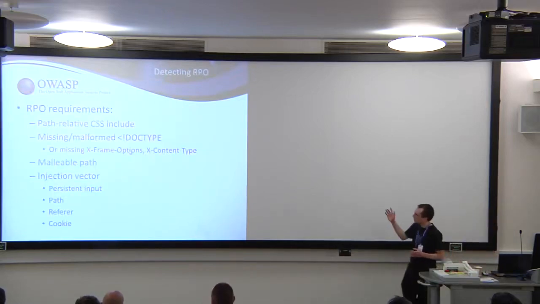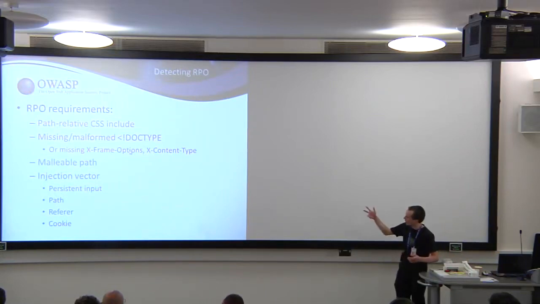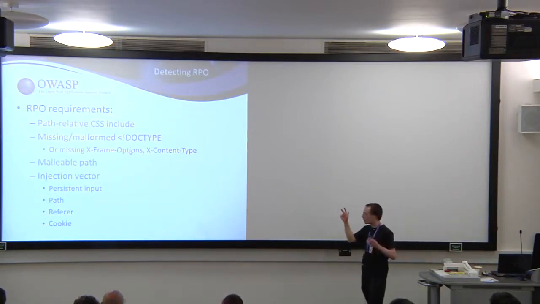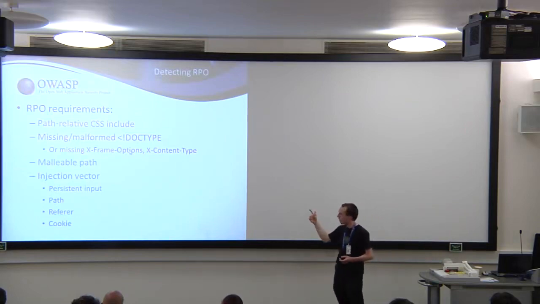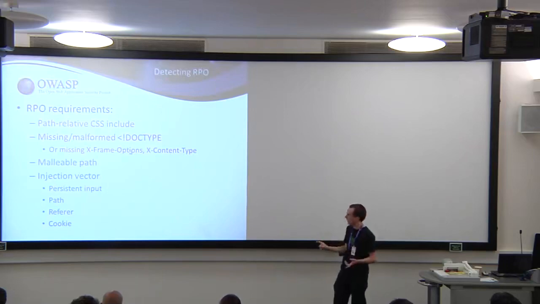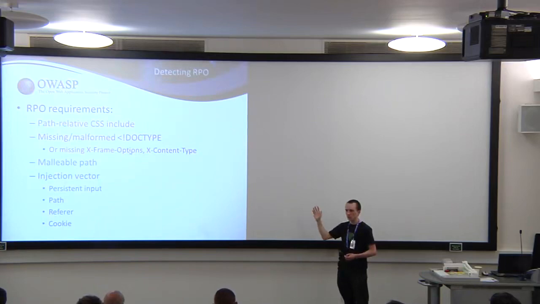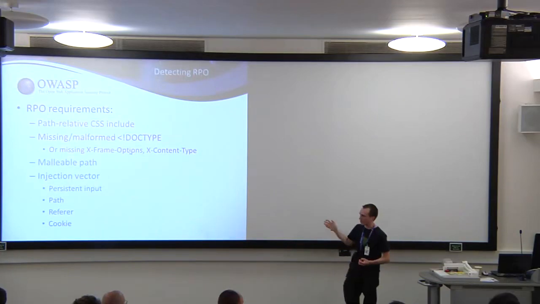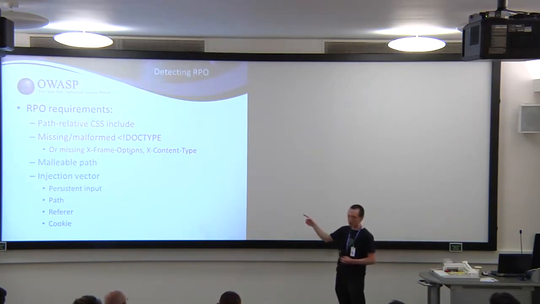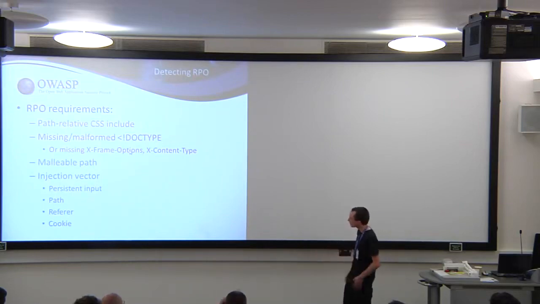So I've just covered three of these requirements. You need the right kind of server, and you need some kind of input onto the page to put your CSS on that page, and you need the path relative include. The first two of these are really tedious to look for manually, especially because a web application will tend to have a doctype on, say, every page apart from one where they forgot to put it there.